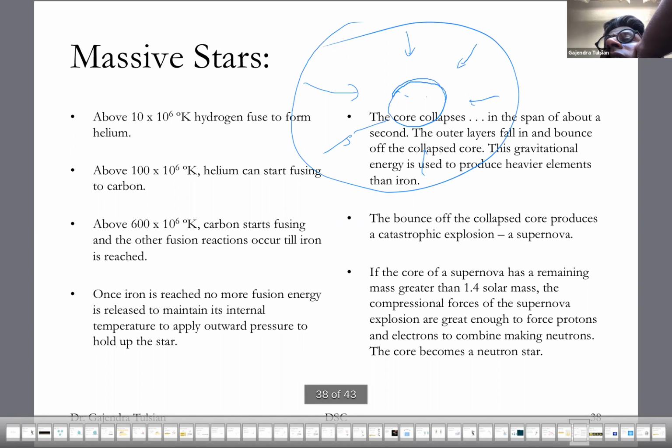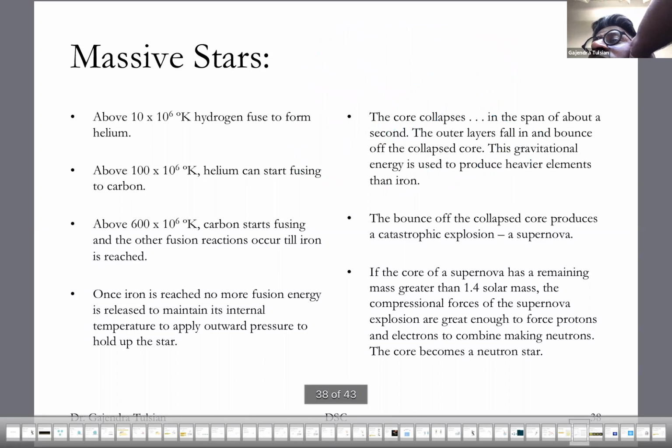It comes and hits a hard surface, and it bounces back, and it collides with the stuff that's falling. All this stuff gets compressed, all this fuel gets compressed to a high temperature. It fuses instantly, and this explodes like crazy. All this happens in a flash.